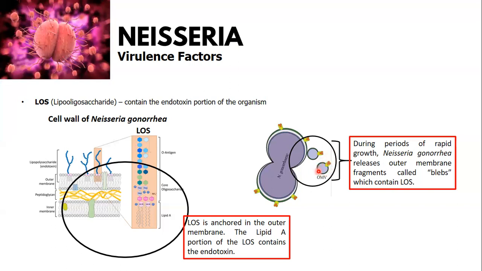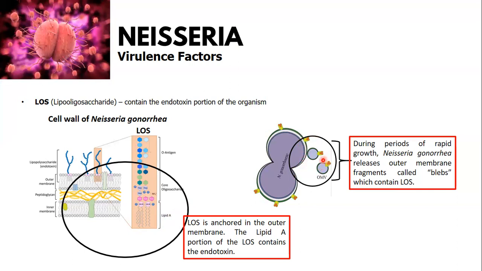And as learned earlier, the LOS contains the lipid A portion, which is the location of the endotoxin. So take note that even if there is no lysis, the blebs released during rapid growth contain LOS.